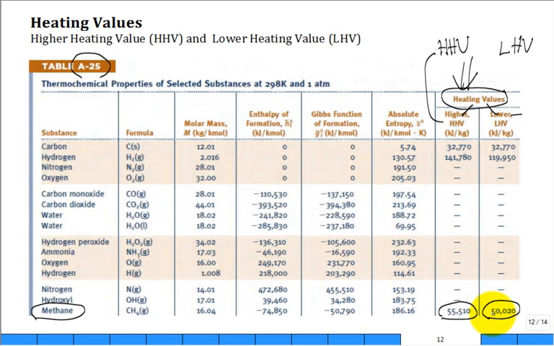Why do they have two heating values? What is the difference between these two heating values? Well, first of all, the higher one is a measure of how much heat maximum you could get out of combusting that fuel. Theoretical.